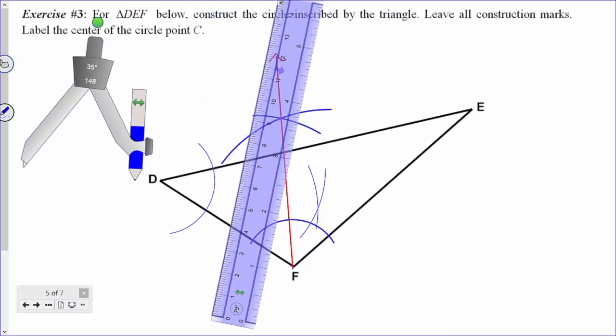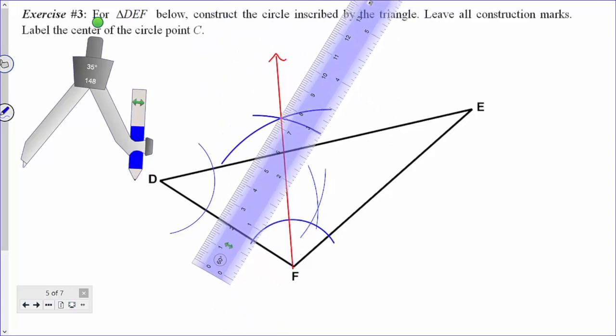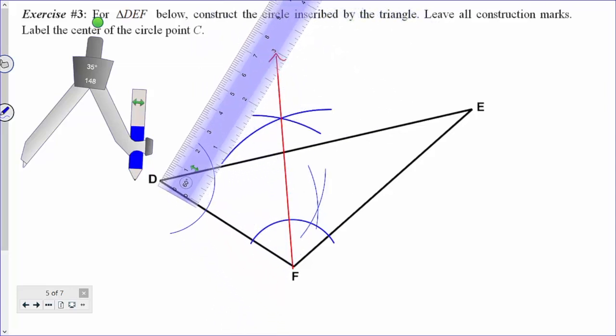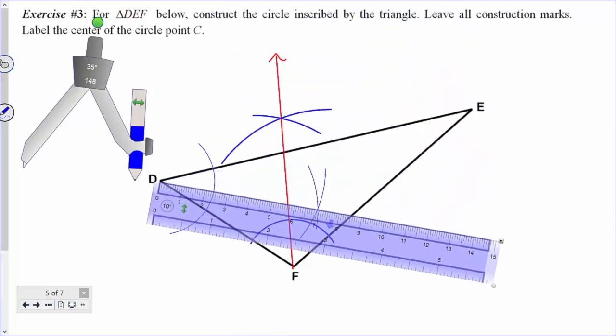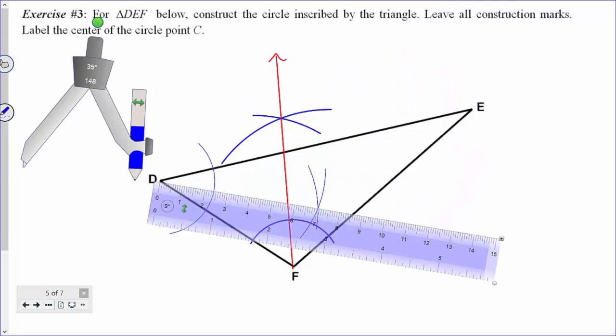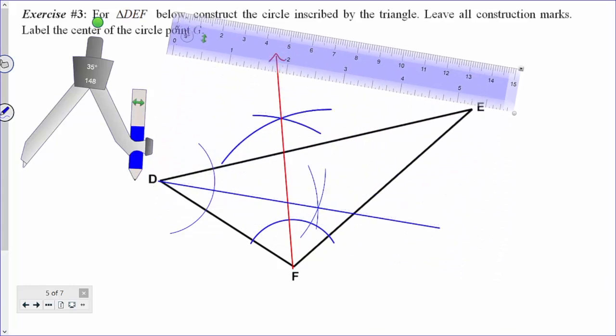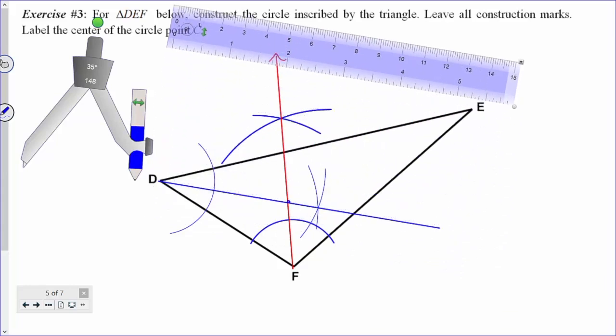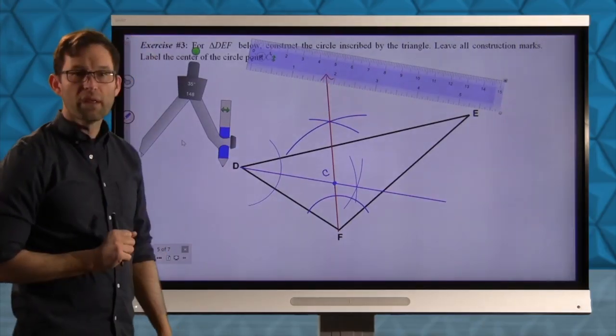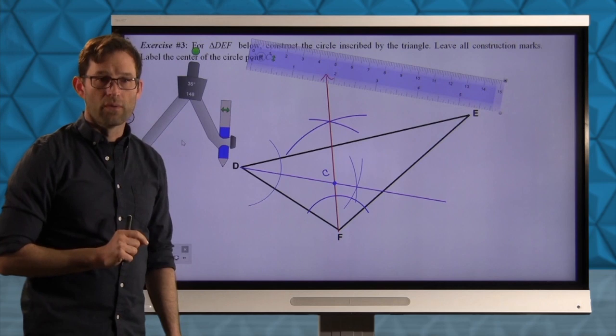Bring this back and rotate on D. All right, my other angle bisector. And where the two intersect is right there. All right, that will be the center of that circle.